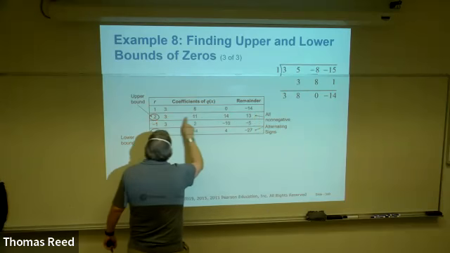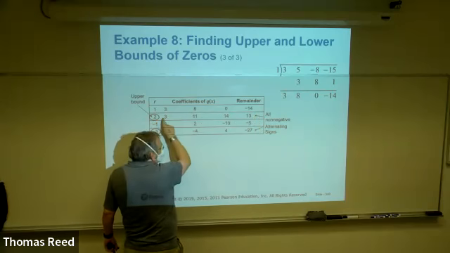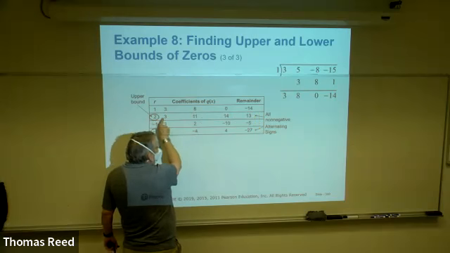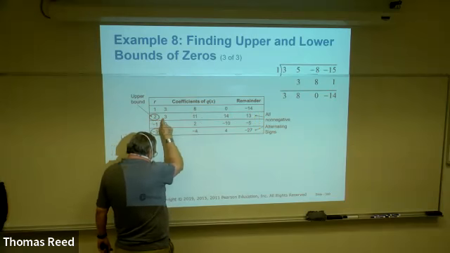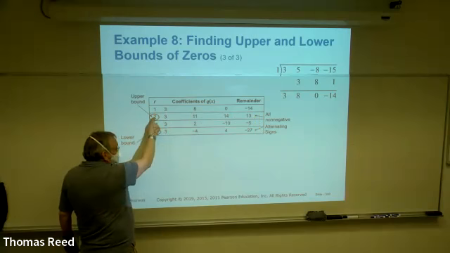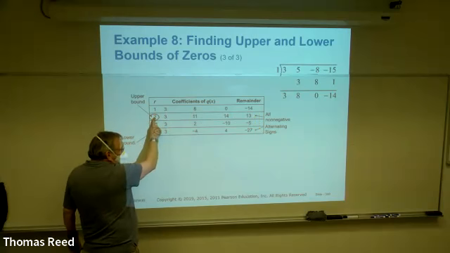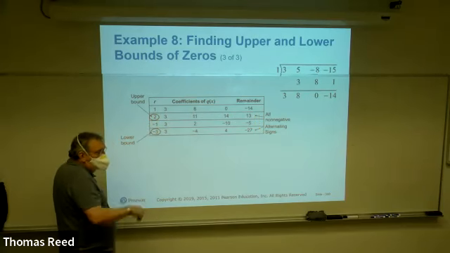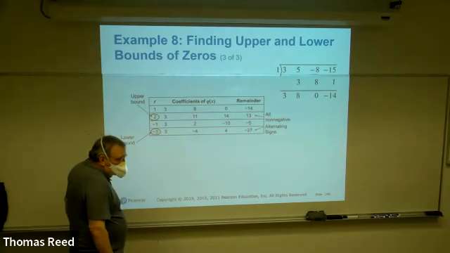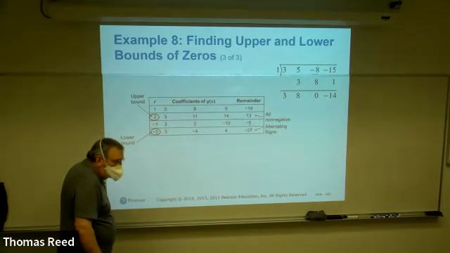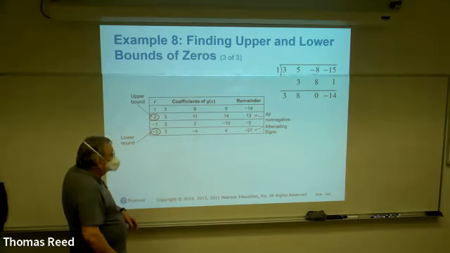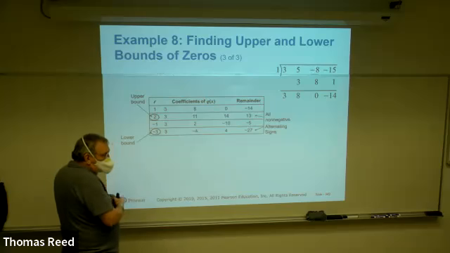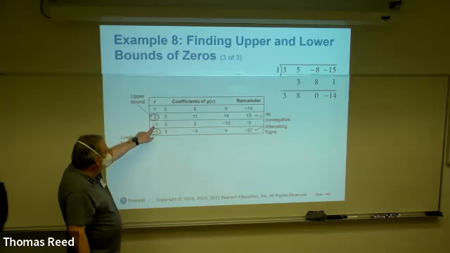They were all non-negative, all positive or 0. And so 2 is an upper bound. So you won't have a 0 greater than 2, which means 3 and 15 are out of range. Now we repeat the process on the negative side, starting with -1.